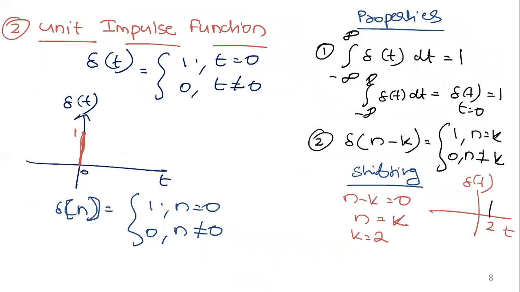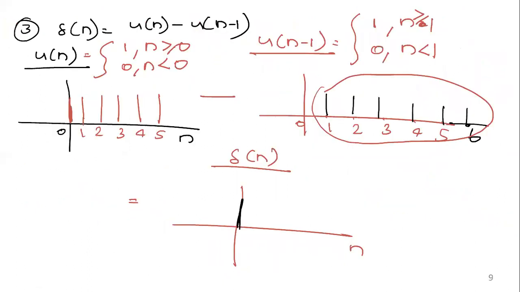Then we studied the shifting property: some point which is defined at n equal to 1, how it will behave at n equal to 2. So we are shifting it, n minus a. And then we understood the relationship between them, how to subtract a signal and obtain another signal. Such things we also understood. So that is about the impulse function.